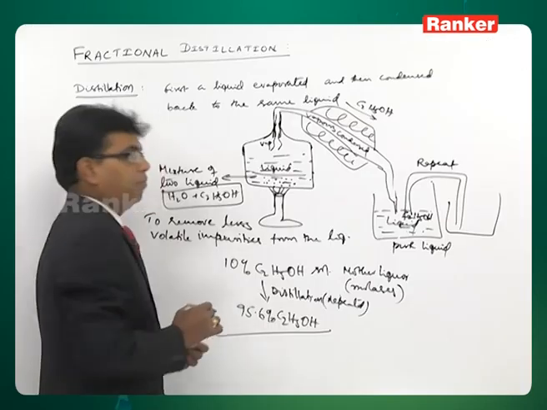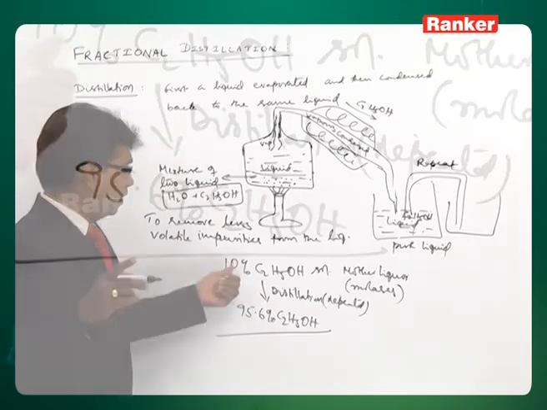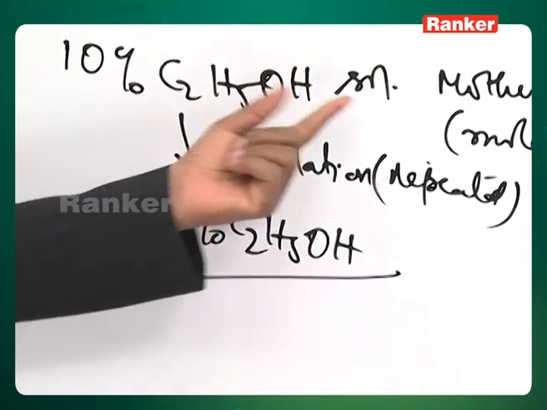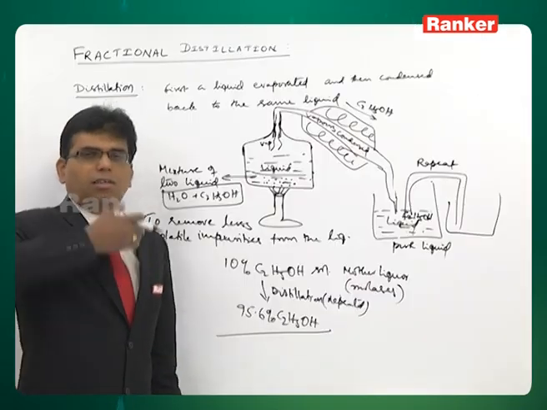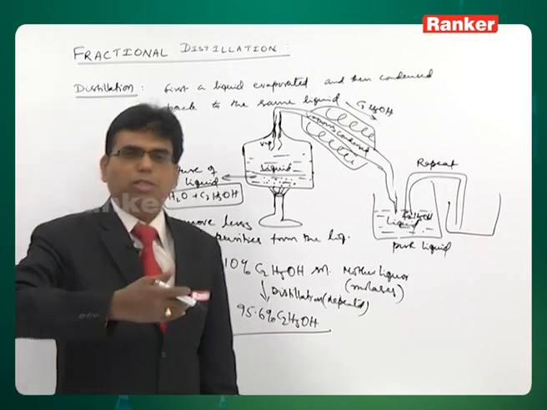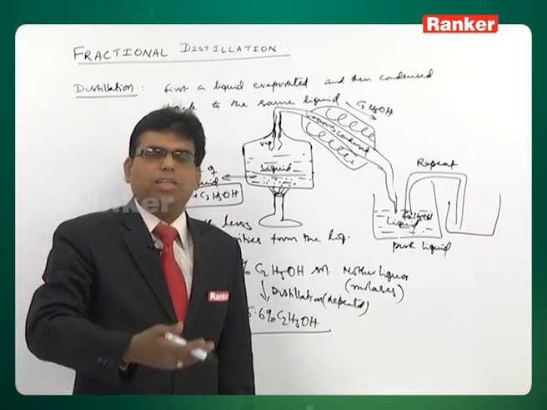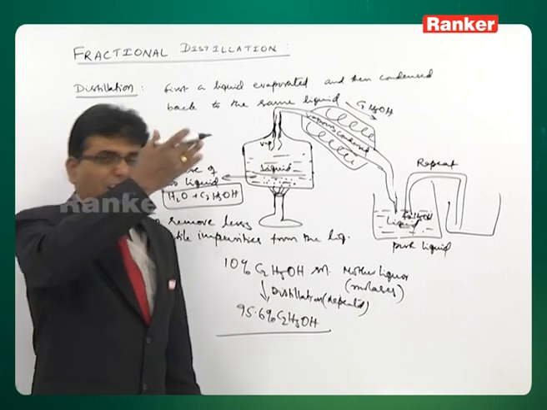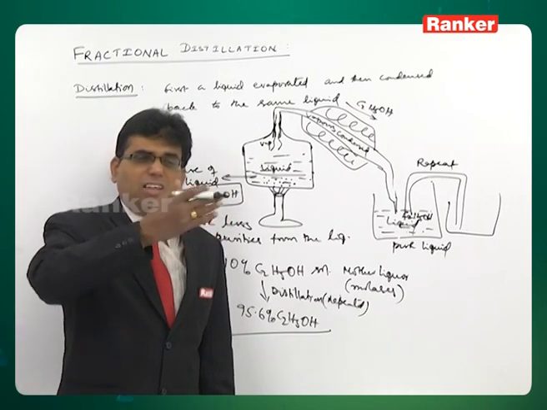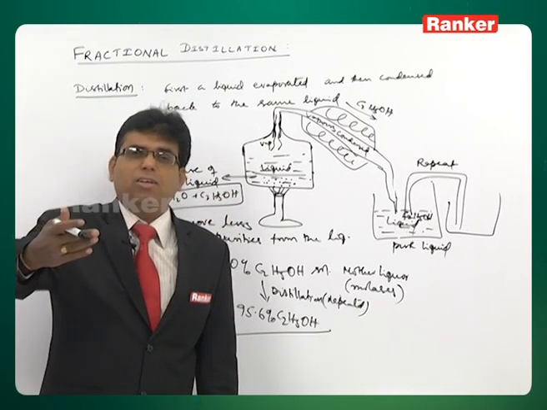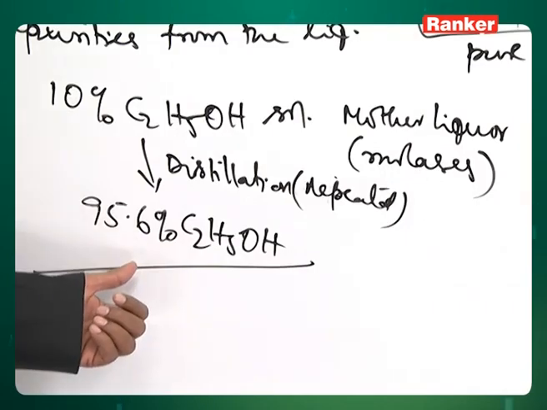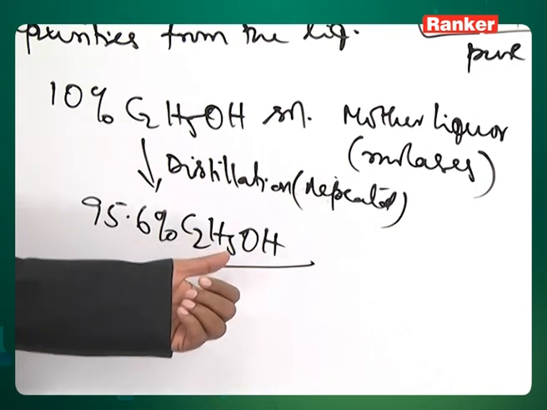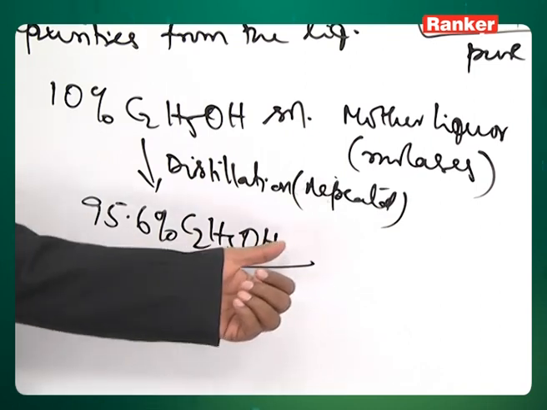From a 10% ethyl alcohol solution from the molasses, by subjecting that solution to repeated distillation, that is fractional distillation, the fraction of the liquid mixture is collected at each stage and subjected to distillation. Then after n number of steps, what you will get is 95.6% pure ethyl alcohol.